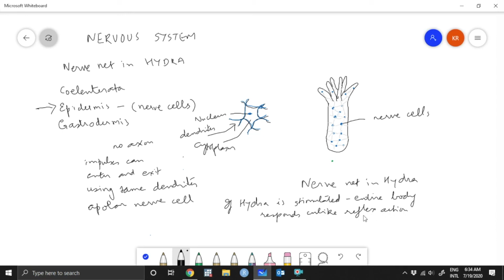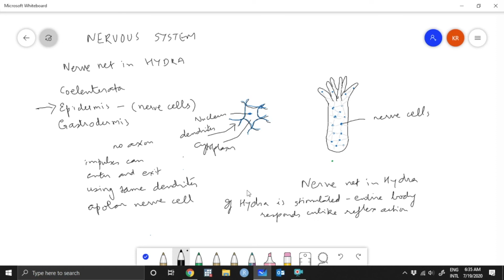So in a reflex action, say in a human being, if my finger touches something hot accidentally, the finger and the hand, they pull apart, they pull it outside that hot part. The entire body doesn't respond. So in any kind of a reflex action, essentially the organ and that part responds. But in Hydra, if a Hydra is stimulated, the entire body responds to it.